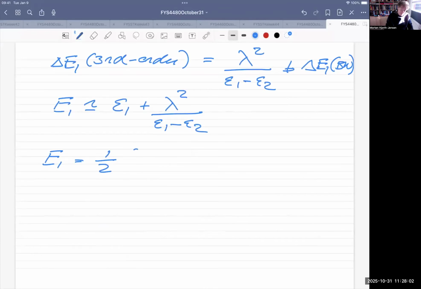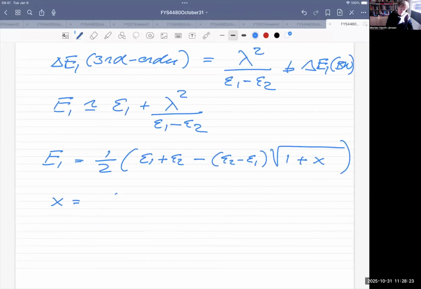Then we have a term which goes like epsilon 1 plus epsilon 2. We can single out the term epsilon 2 minus epsilon 1 here. And then we have a square root of 1 plus x. And x is now given by 4 times lambda squared divided by epsilon 1 minus epsilon 2 squared.